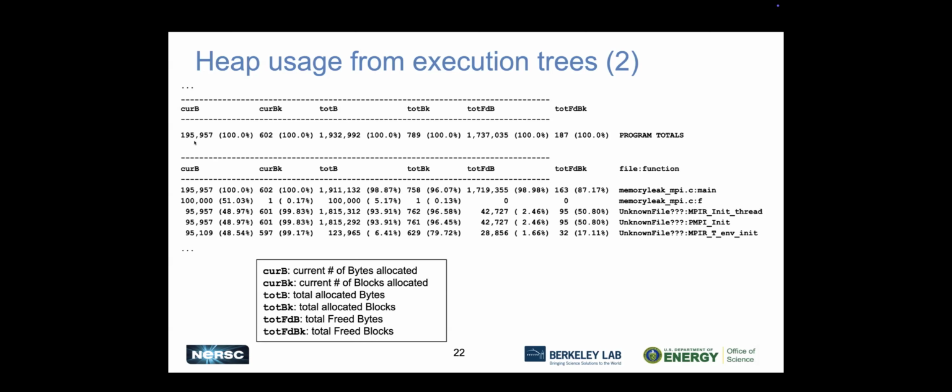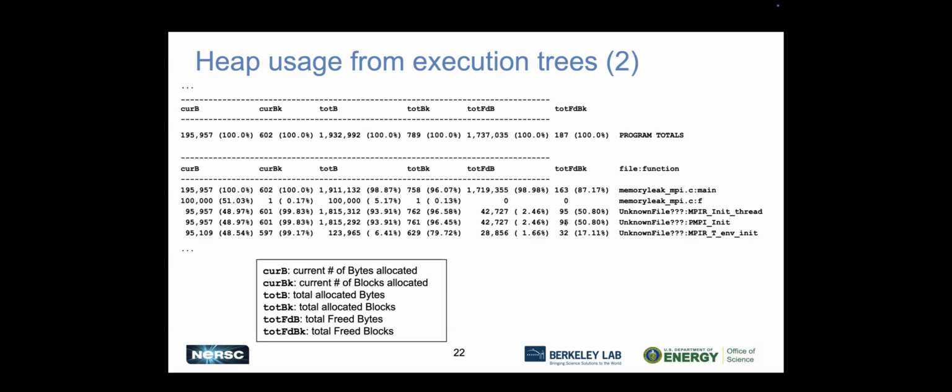So we have 195 kilobytes allocated, the total allocated amount is 195 kilobytes over 602 memory blocks, etc. This is the total number of blocks, total memory allocation, total freed bytes, and total freed blocks here.